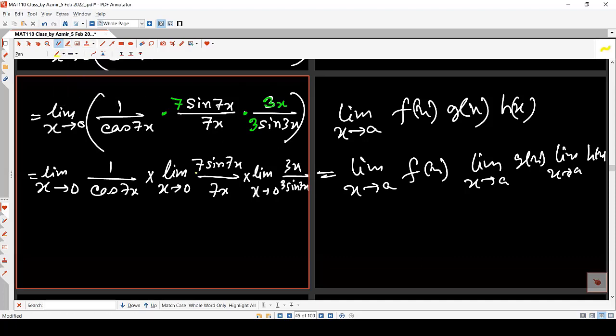You can see that 7 and 3 are constants. So we can bring this 7 and 3 before the limit. Let's say we can write here 7 divided by 3. So we don't need to write 7 here and 3 here. Now it is looking like a more simplified form.